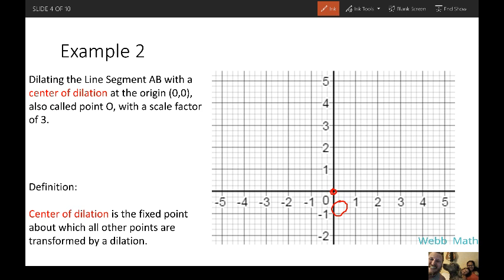Now, line segment AB, I'll go ahead and make it right here.